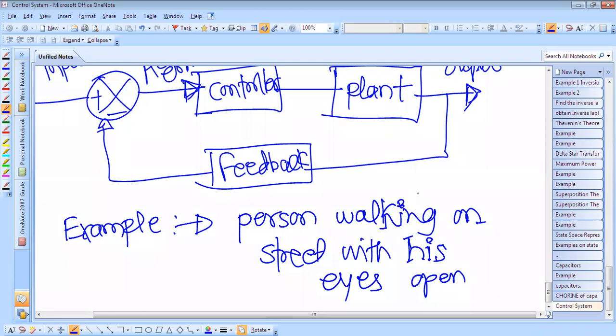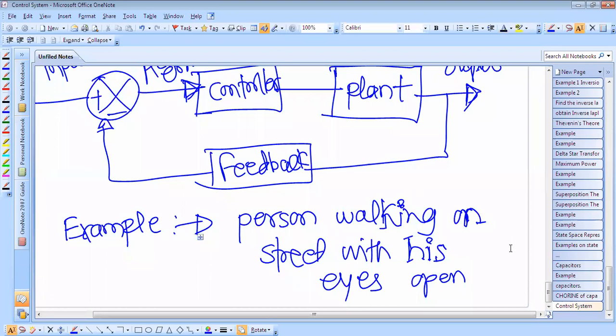If his eyes are open, he gets the signal from the eyes. The eyes' signal is sent to the brain, and the brain gives the signal to the legs to walk in the proper direction. In this way, the eyes function just like feedback. So this is an example of a closed loop control system.